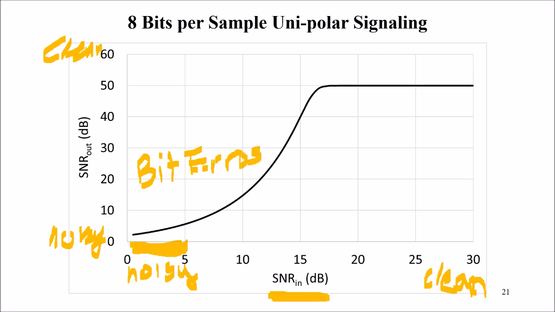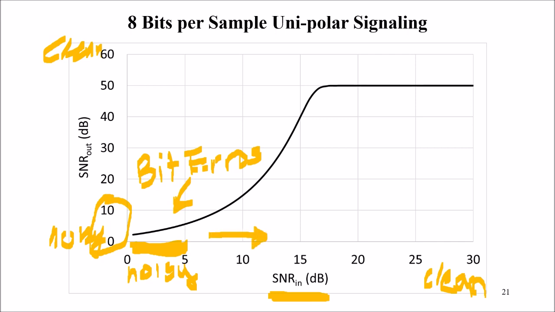And those bit errors result in a noisy output signal. See, we are misinterpreting ones as zeros and zeros as ones, and that is simply noise in our output signal. And so that means for a noisy input signal, we get a lot of bit errors and we get a noisy output signal.